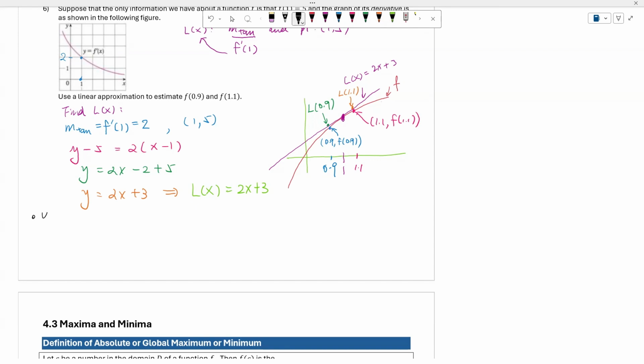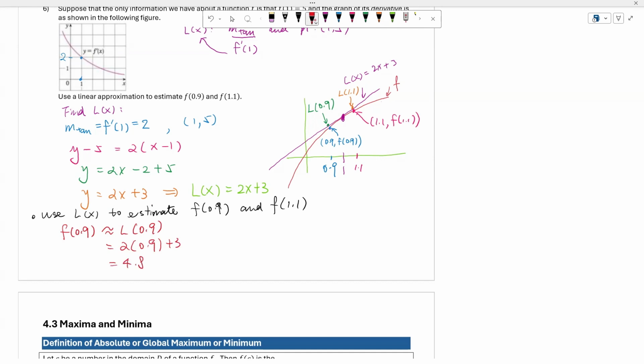Now we're going to use L of x to estimate f of 0.9 and f of 1.1. So f of 0.9 is approximately equal to L of 0.9, which is equal to 2 times 0.9 plus 3.